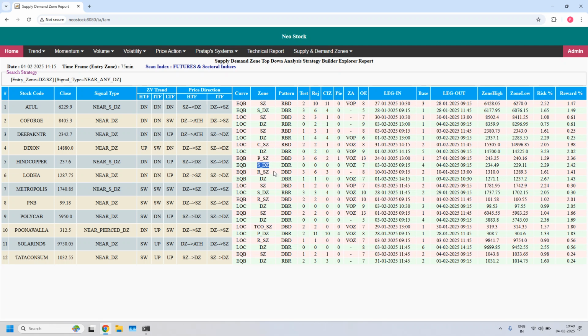Hindustan Copper is having a high liquidity demand zone. Metropolis is having a high liquidity 75 minutes demand zone. That's it. We have identified 3 high liquidity 75 minutes demand zones from this list.